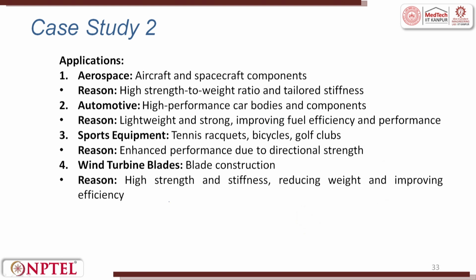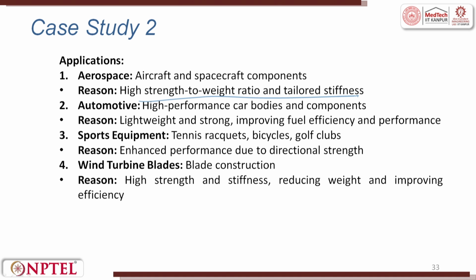So, the applications are: it is used in aerospace, aircraft, spacecraft components. The reason is high strength to weight ratio and tailored stiffness. Automobile: high performance car body and components, lightweight and strong, improving fuel efficiency and performance.